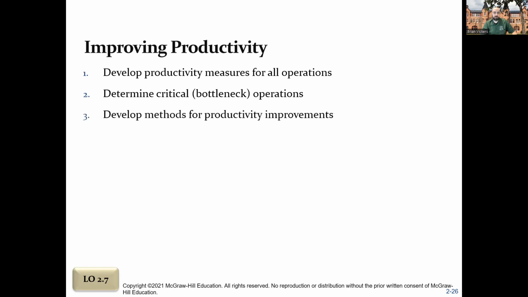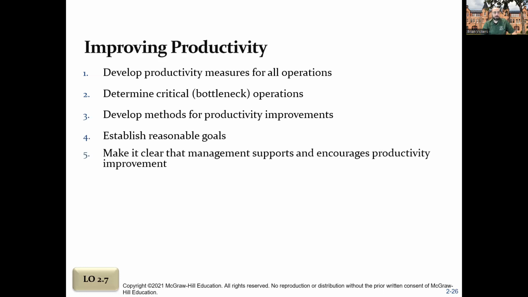Develop methods for improving your productivity. If you identify where the productivity is lacking, you can improve upon those. Your goals should be reasonable. If your goals are absurd, then your measurements are going to look bad because you expect so many units to be produced, but that's not a reasonable goal, right? Make it clear that you support and encourage productivity improvement.